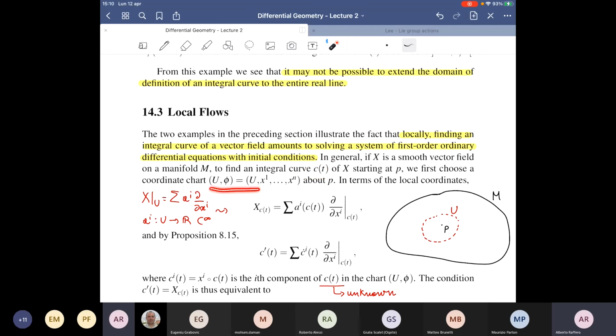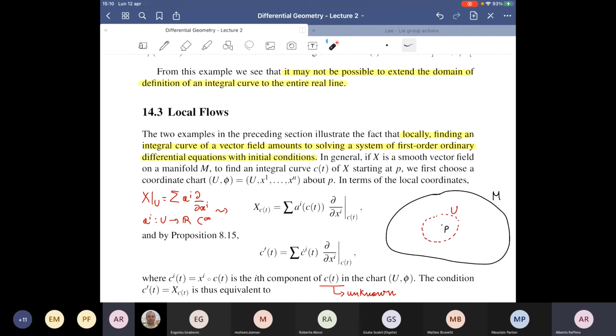We start by considering a chart about the point P. This means that we consider some open set U containing P and a chart possibly centered at P, so that it maps P to the zero element of the space R^n where this map has its codomain.